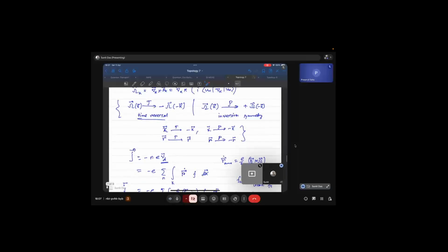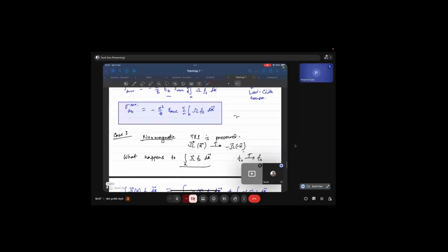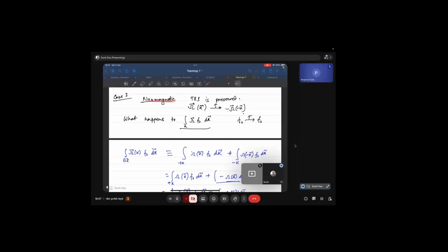What we have done is an explicit symmetry analysis, at least under time reversal symmetry and spatial inversion symmetry, which leads us to the following conclusion: in a non-magnetic system where time reversal symmetry is preserved, the Berry curvature omega at k point, if you take the time reverse partner under time reversal symmetry, goes to minus omega of minus k. Suppose you have the whole Brillouin zone, and this is one point in the k space, let's say kx and ky, omega of k.